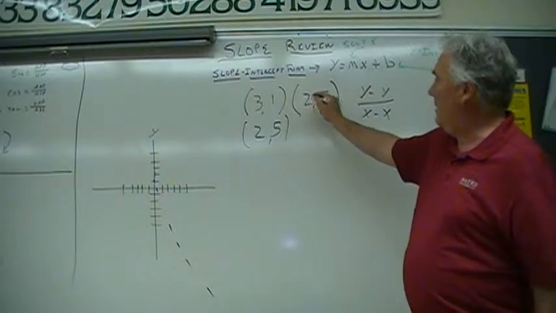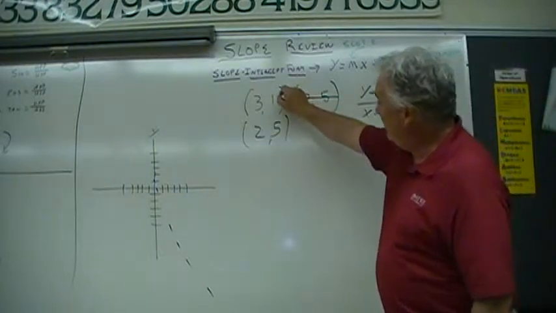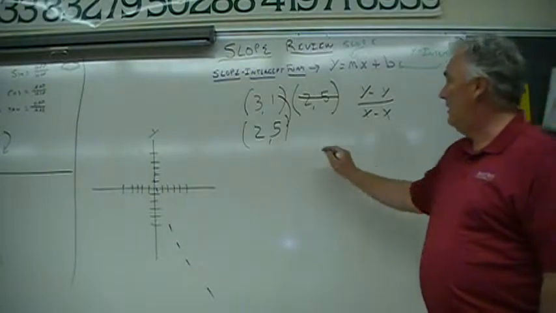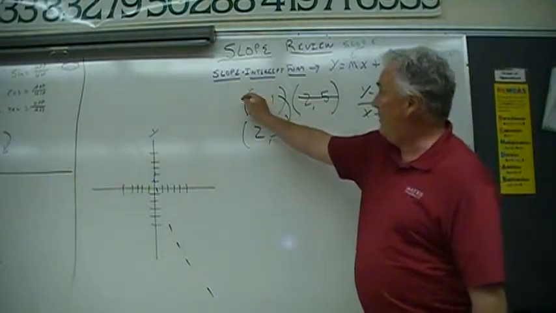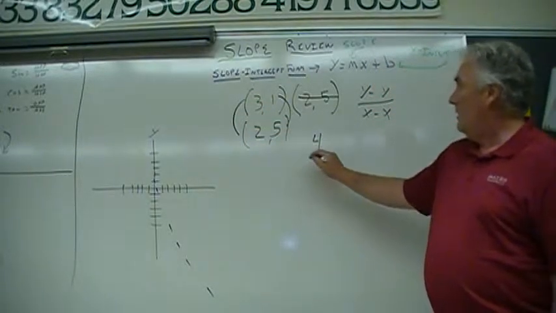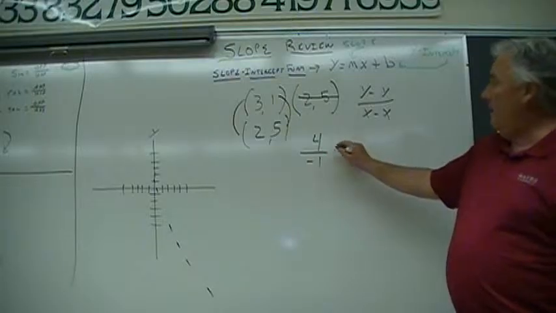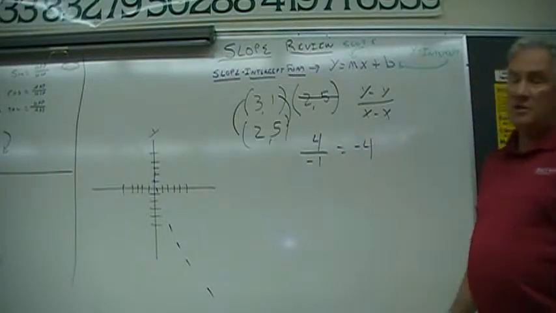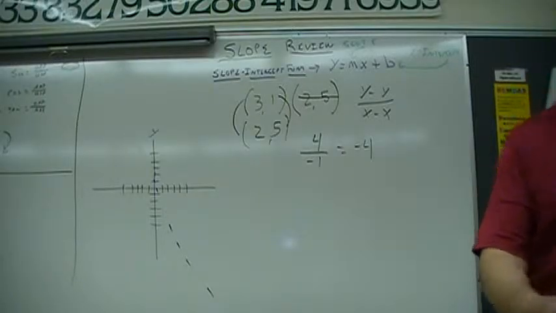Take this point and move it underneath. And so how did you get from 1 to 5 plus 4? How did you get from 3 to 2? Negative 1. So 4 over negative 1, your slope is negative 4. And that's your answer to number 27.